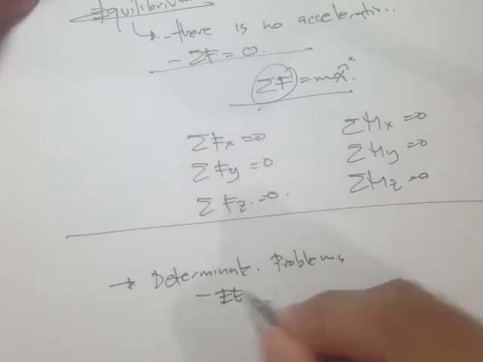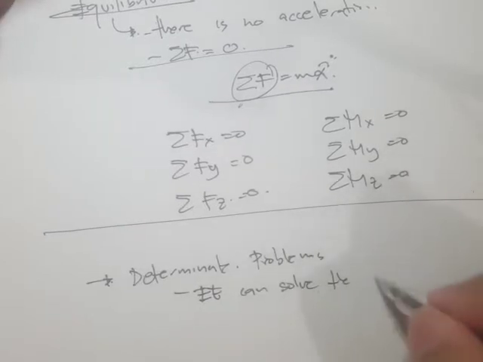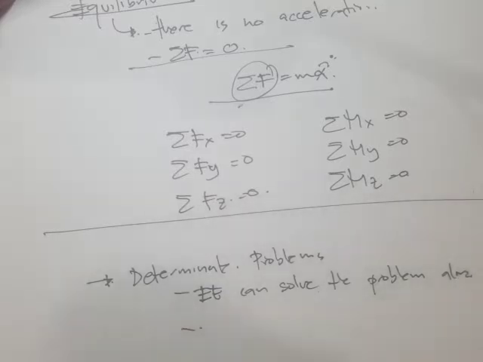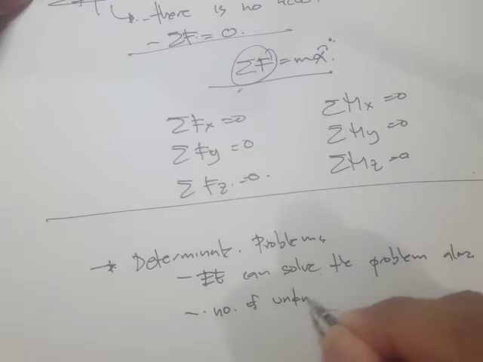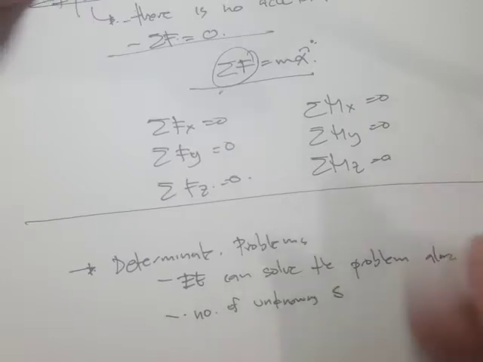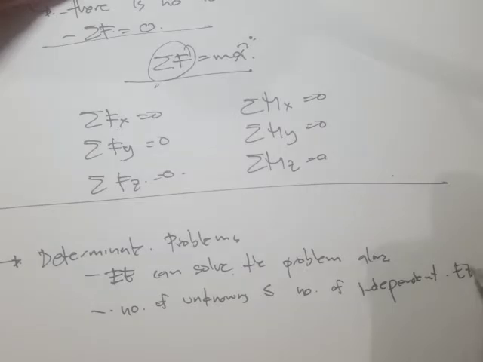When you say determinate, it means that the equilibrium equations can solve the problem alone, or in terms of equations, that the number of unknowns is less than or equal to the number of independent equilibrium equations.